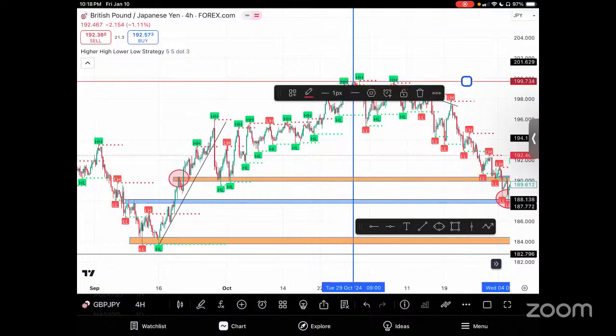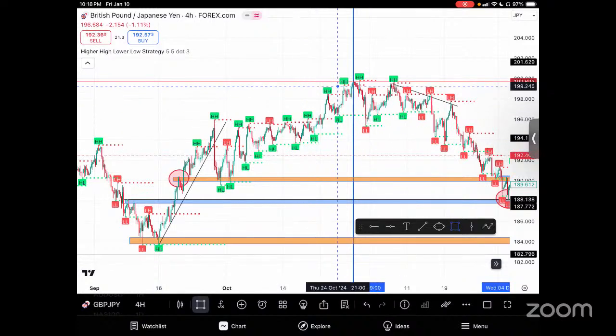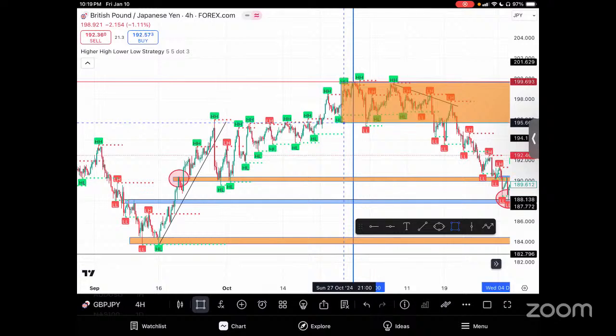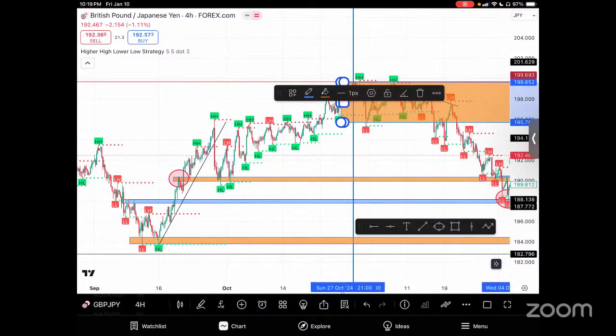What direction did price start to go in between this box? Sideways.